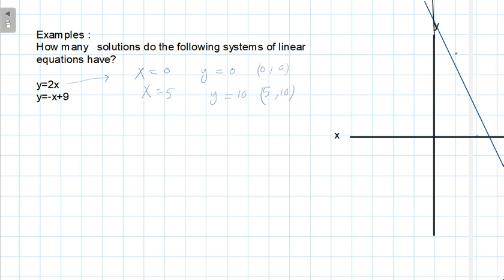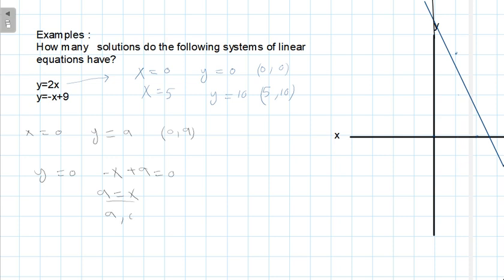For the other equation, if x equals 0, then when I substitute 0 here, y equals 9. The first point is 0, 9. When y equals 0, then minus x plus 9 equals 0, then 9 equals x.